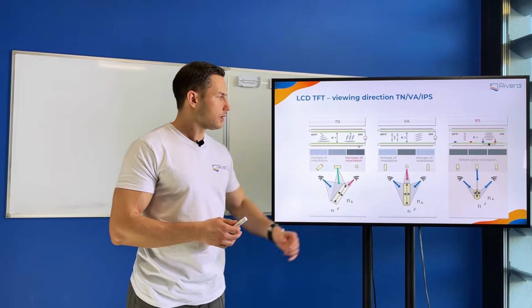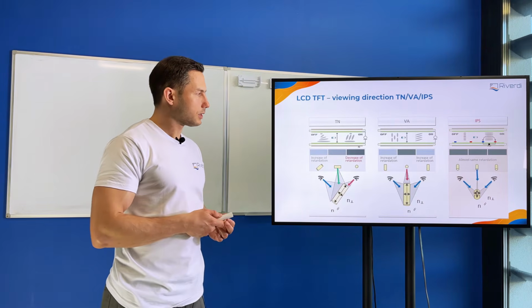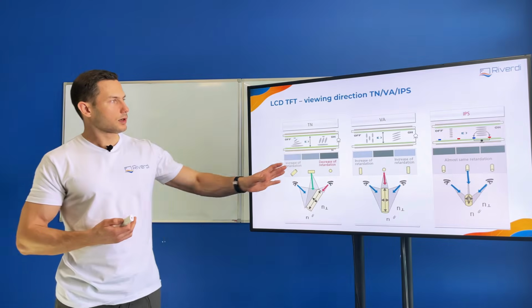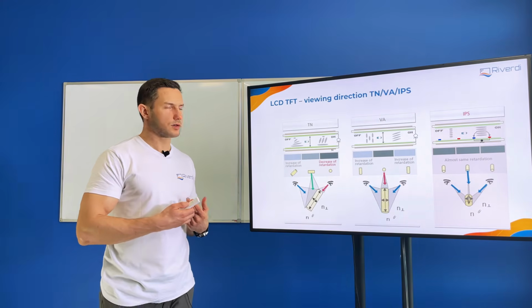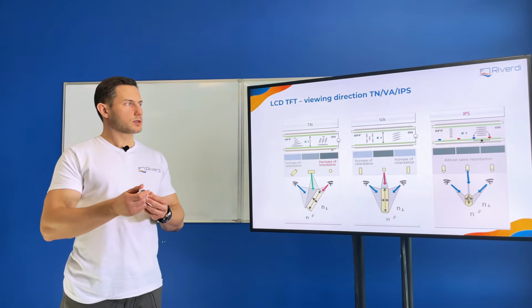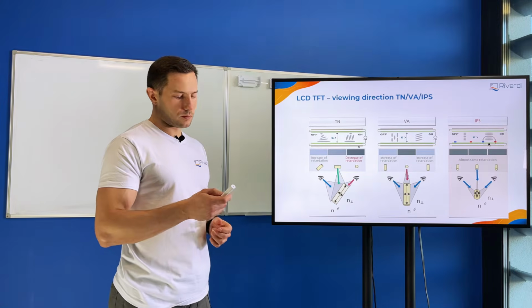You can see the image clear from all the sides, yes? So it doesn't change the image for you. And I can tell you that all of TV nowadays, they are IPS or VA, all the tablets, all the, of course, mobile phones, because you can turn them around and see the image clear from all the sides.